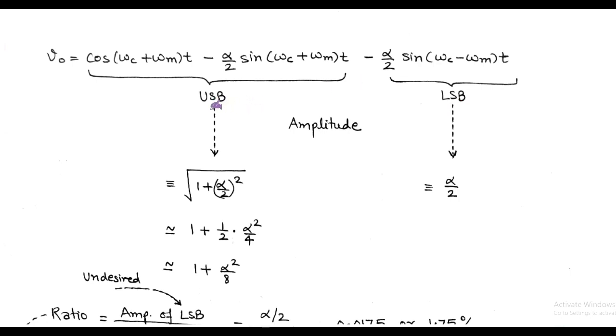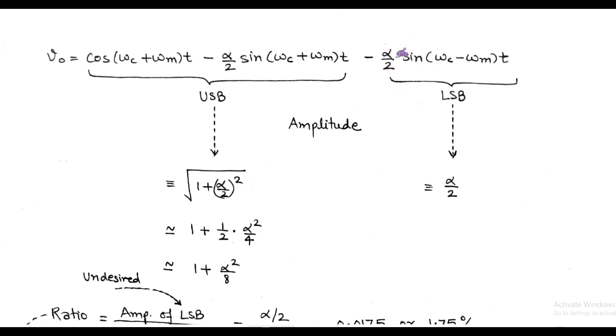The amplitude of the upper sideband is the square root of 1 plus (alpha upon 2) squared, because the first term has amplitude 1 and the second term has amplitude minus alpha by 2, and the resultant amplitude is the square root of 1 plus (alpha by 2) squared.